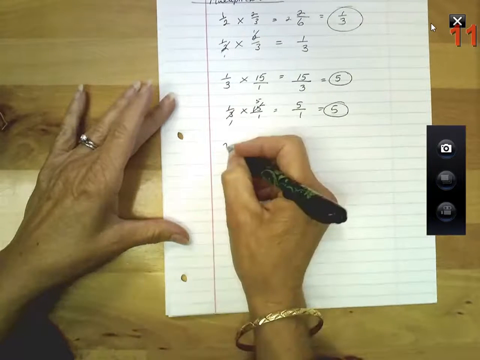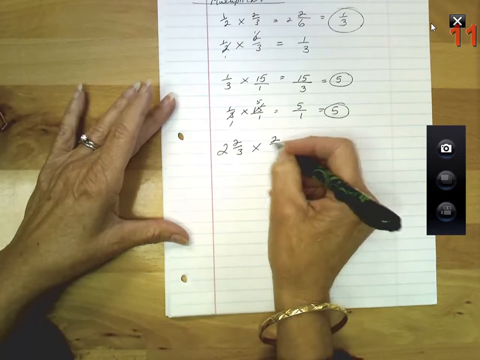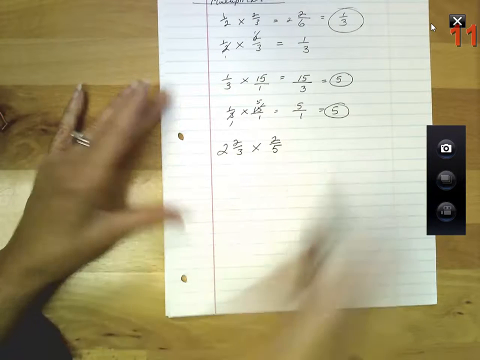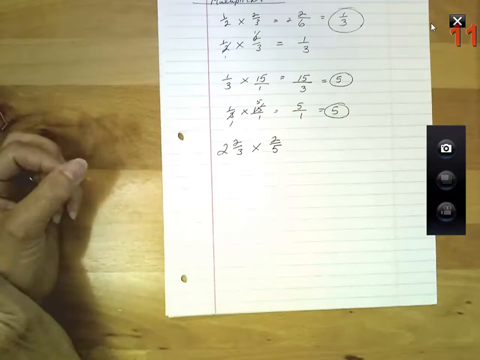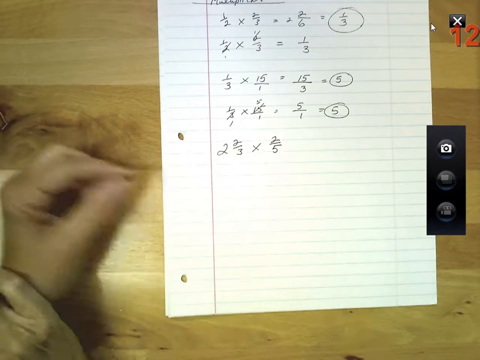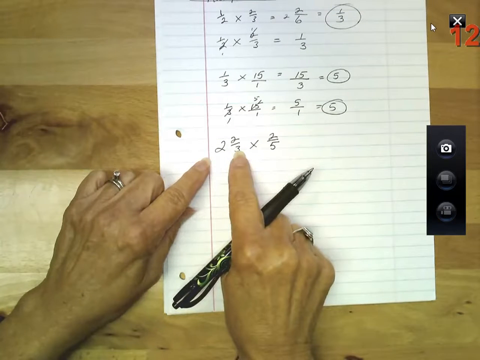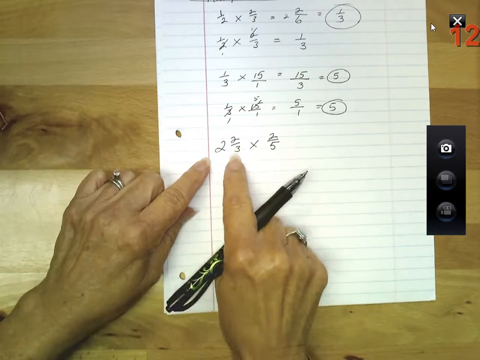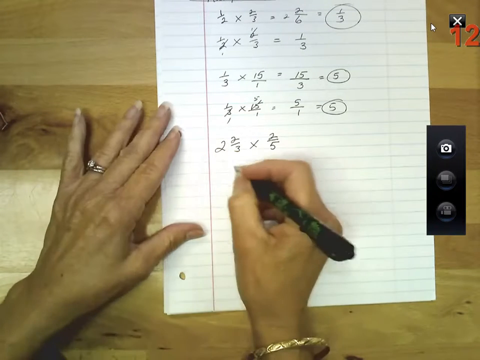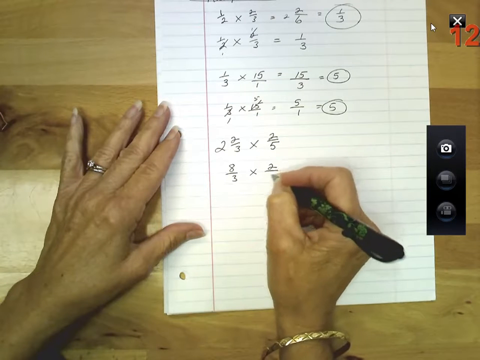Now here's one where you've got a mixed number times a fraction. The first thing you have to do is change the mixed number into an improper fraction. 3 times 2 is 6, plus 2 is 8/3 times 2/5.